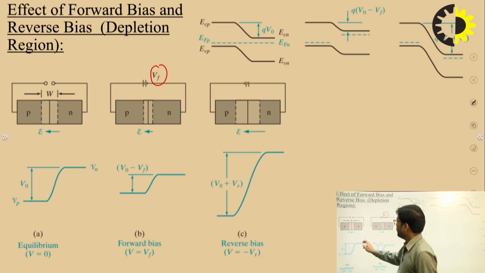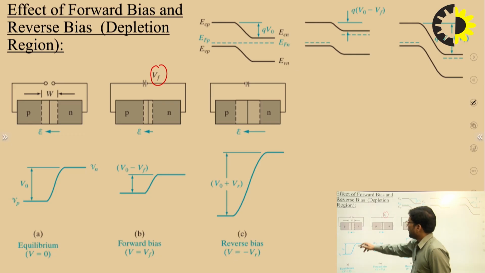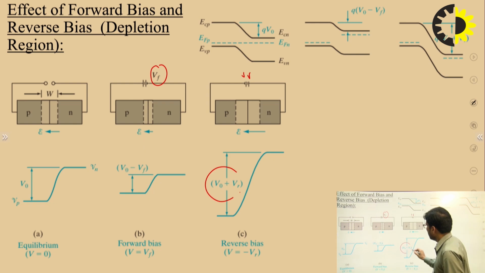So initially without biasing, it has the barrier height V0. By applying the forward bias condition, this barrier height is reduced by the amount of minus VF. While in the case of reverse bias, this barrier height will increase by the amount of VR, right?